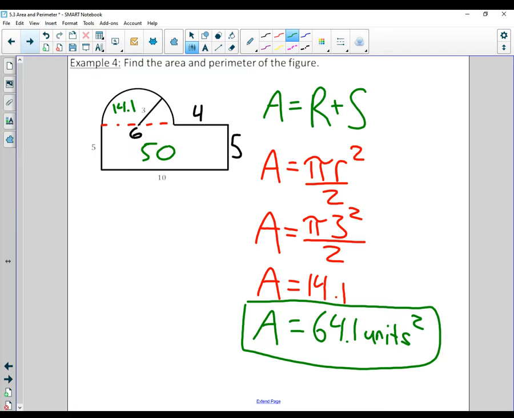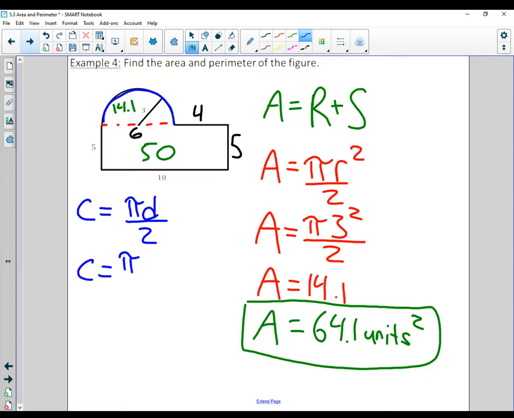And then the perimeter is not that bad either. All right? We need to find this circumference here. We have all the other things. So we just need to find that circumference. The circumference is pi times diameter, or 2 pi r. But we only have half of the circumference, so again, divided by 2.